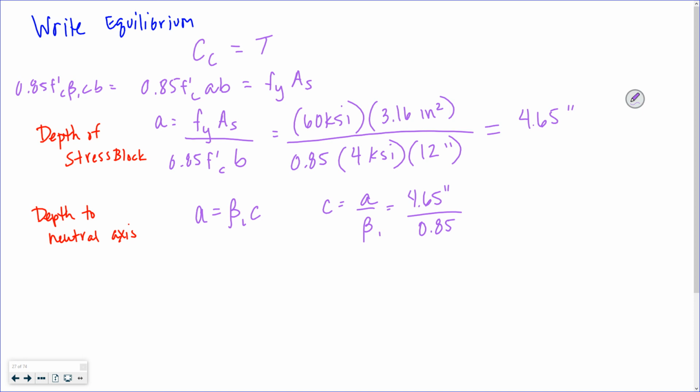There's often two. So 4.65 divided by 0.85 gives me a depth of 5.47 inches. So that was just to figure out the depth of my stress block and the corresponding depth to my neutral axis.